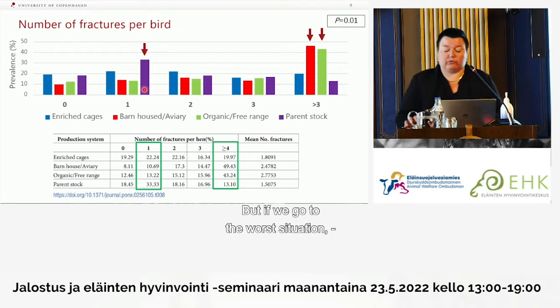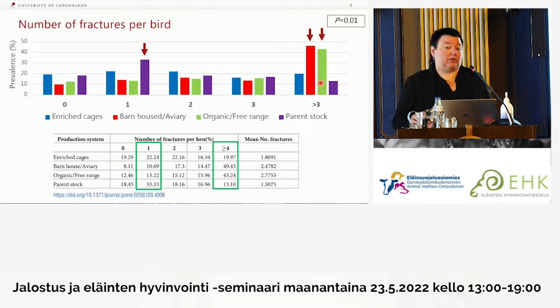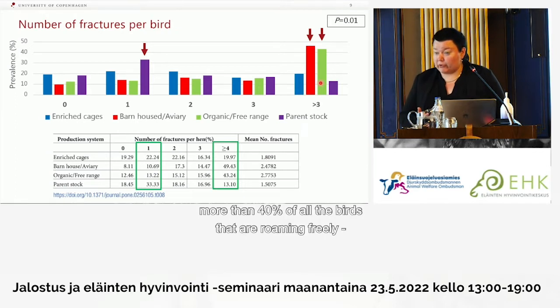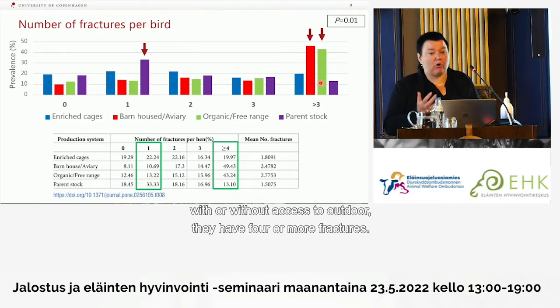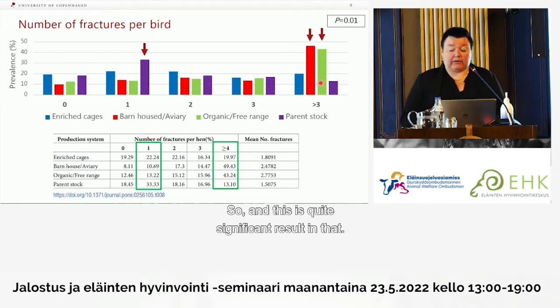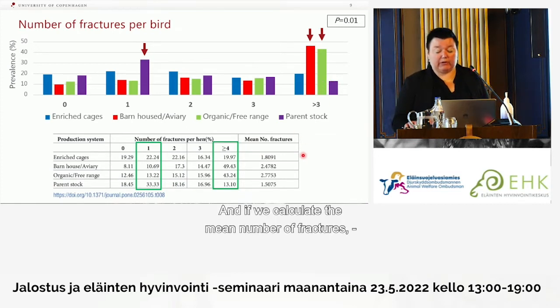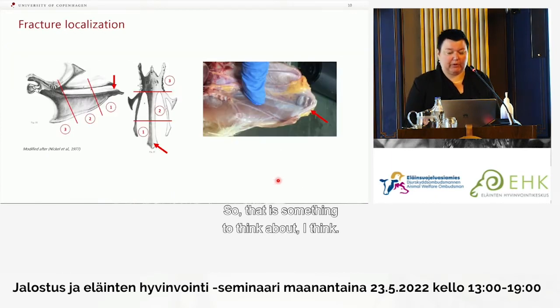But if we go to the worst situation where they had 4 or more fractures, there we could see that actually more than 40% of all the birds that are roaming freely, with or without access to outdoor, have 4 or more fractures. And this is quite significant. If we calculate the mean number of fractures, in total it is around 2.5 fractures per bird. So that is something to think about, I think.